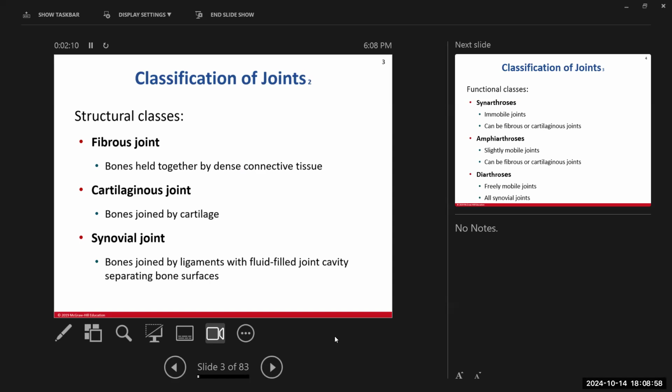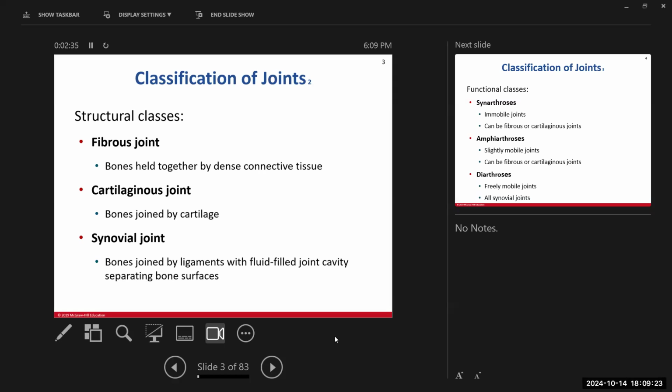It's a very strong type of tissue that holds bones to one another. We saw that with your suture joints: the coronal suture, the lambdoid suture, the squamosal suture, all those joints up in your skull. Those are fibrous joints, held together by a dense connective tissue.